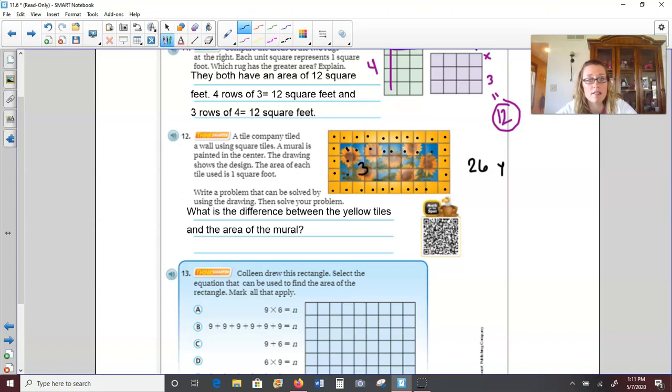So for the inside, we can do 3 times 8. And what does 3 times 8 equal? Hopefully you are thinking 24. And now we want to find the difference. Difference means we're going to subtract. So if we take 24 away from 26, we get a difference of 2.